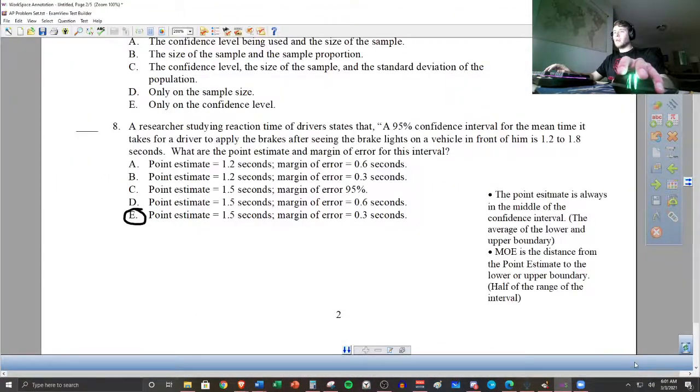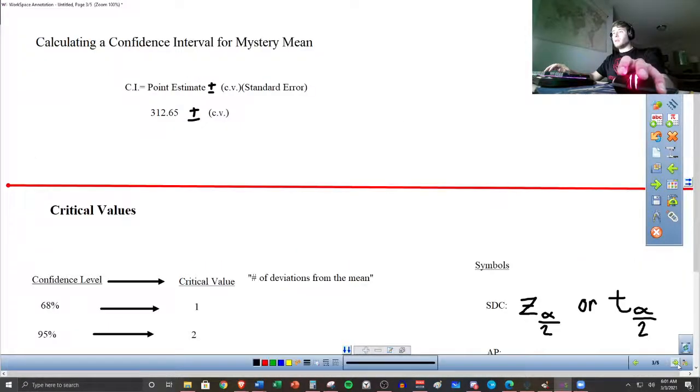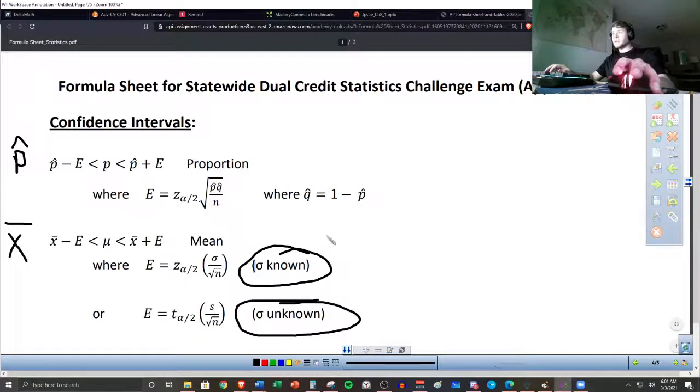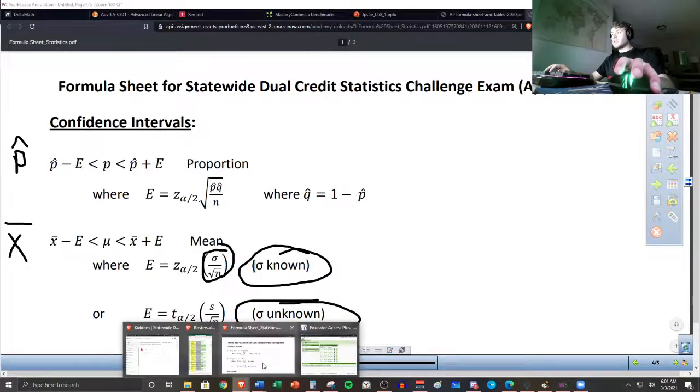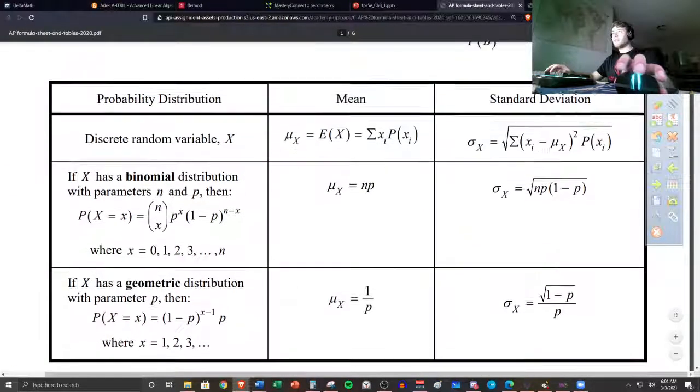So let's go back to our mystery mean here. Yes, we did know sigma, which I drew really strangely. Let me try to redraw that. Sigma is 20. So sigma is known. AP, you'll be doing the same thing. We're going to be using this formula right here. That's our standard error for AP, since you actually have this.